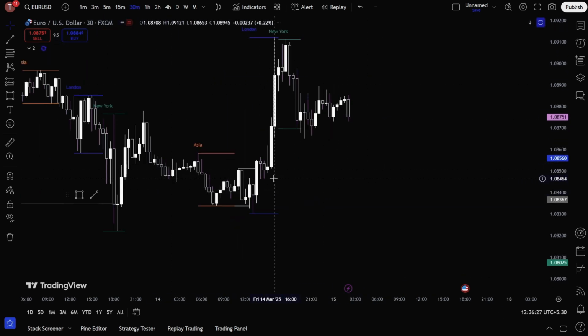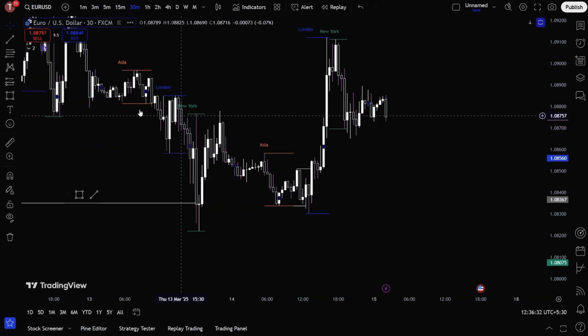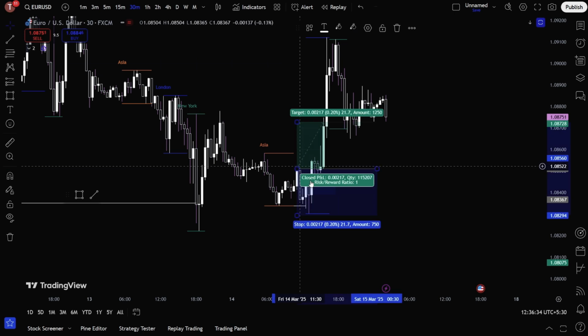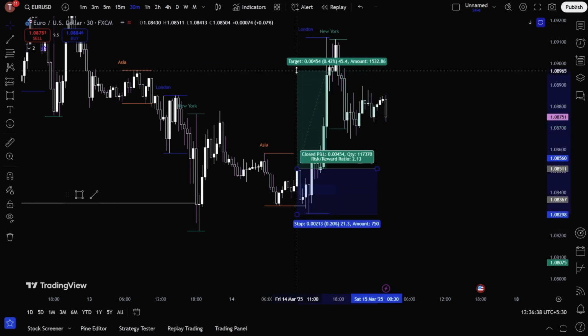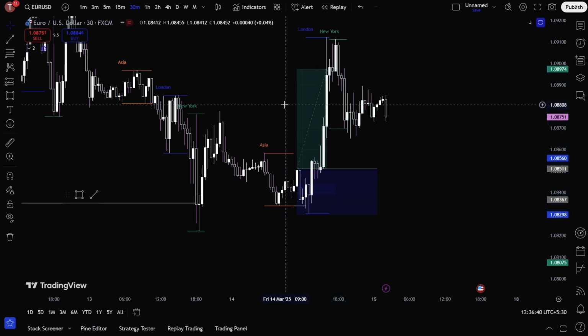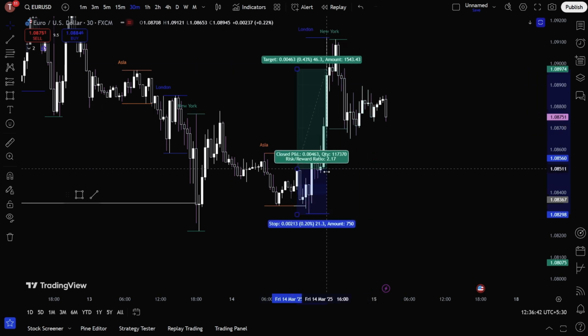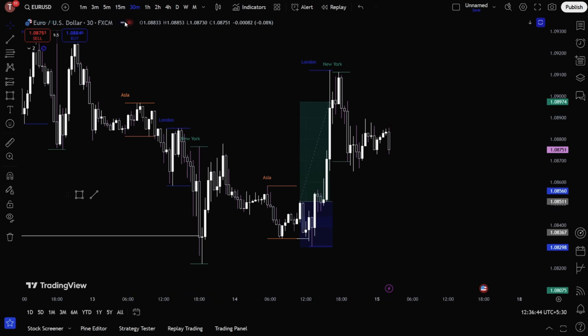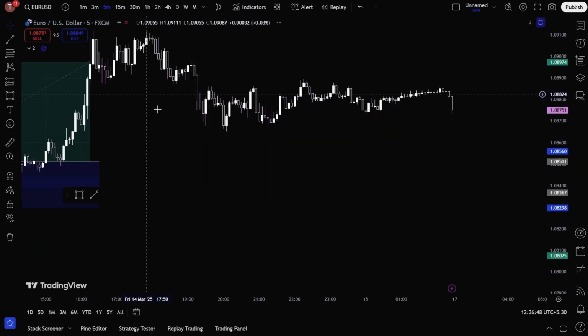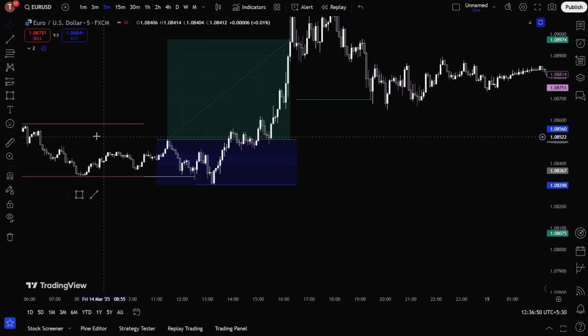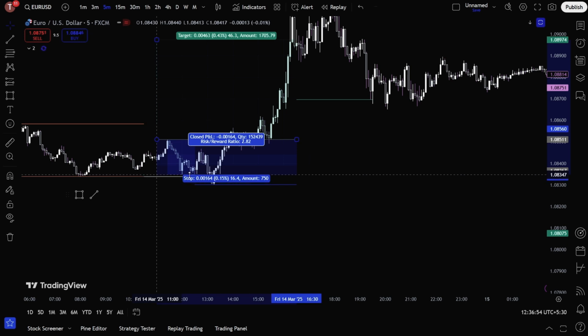So I was anticipating that most likely we are going to come down to this level, and another entry was this direct entry over here with this target, which was 2RR. Apart from that, one more thing which helped me to narrow down my stop loss was this candle low.